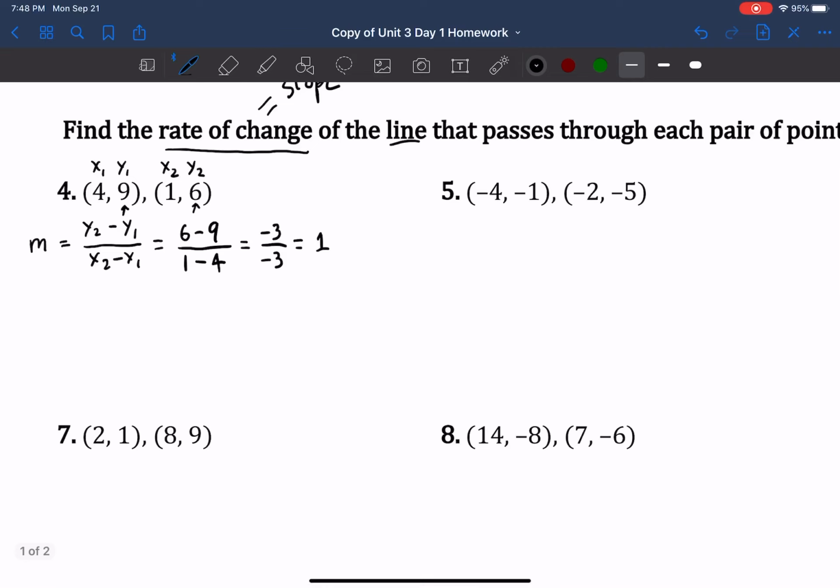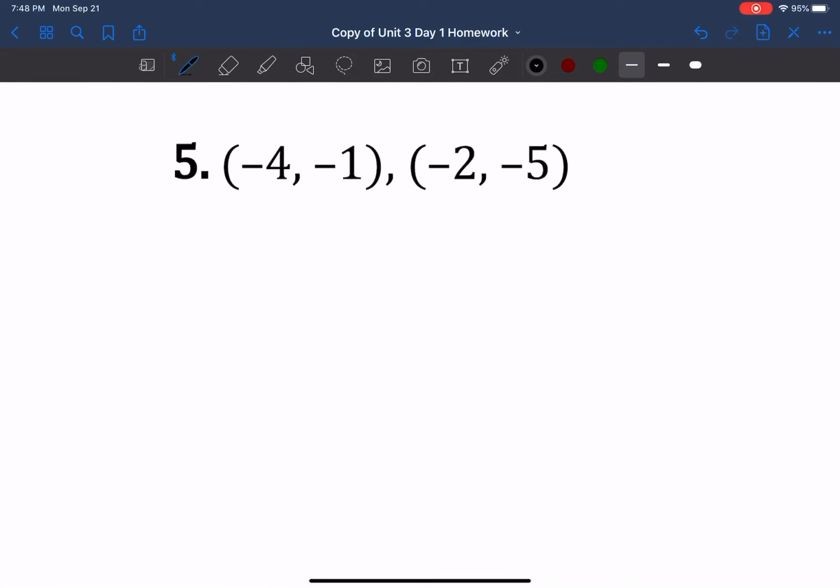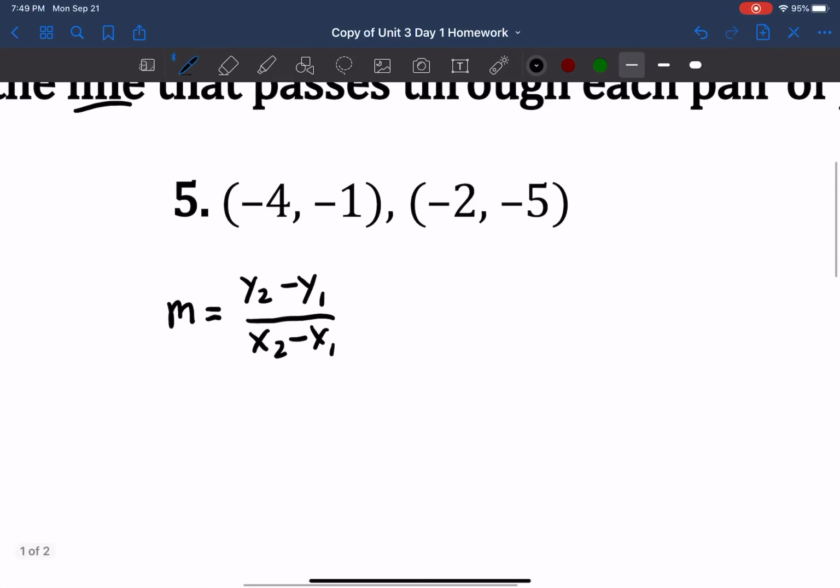So maybe one more example, with negatives, because it's important that we clarify this. Our slope formula, once again, is m equals y2 minus y1 over x2 minus x1. And it doesn't matter which one I make x1, y1.